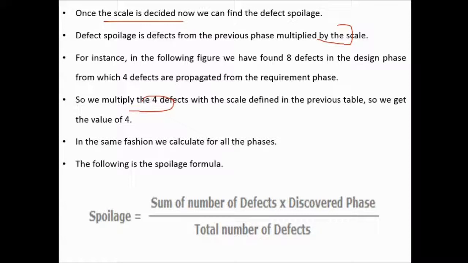So we multiply 4 defects with the scale defined in the previous table, so we get the value of 4. In the same fashion, we can calculate all the phases, and this is the formula. The spoilage will be the sum of the number of defects times the discovered phase scale, divided by the total number of defects.